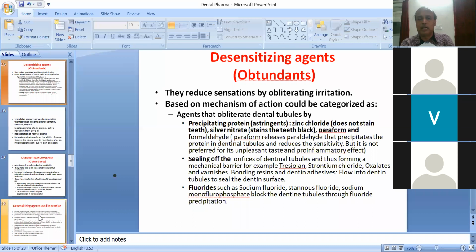So silver nitrate, paraform, formaldehyde, etc., they are precipitating the proteins there. Then there are some agents which produce a sealing effect in the orifices of the dentin tubules.